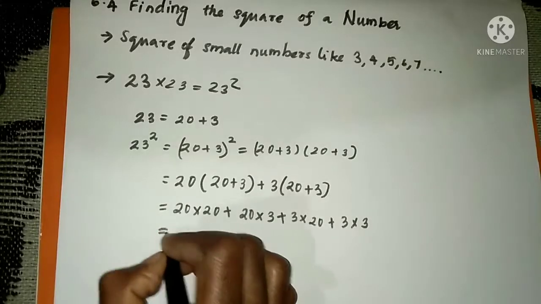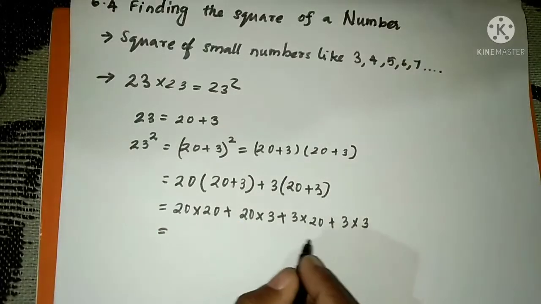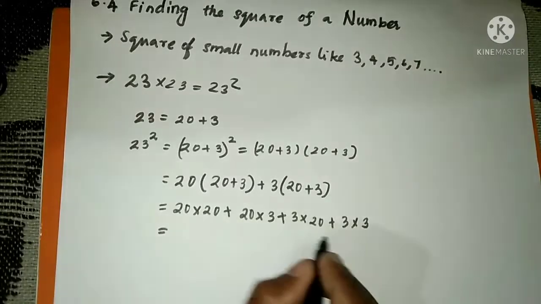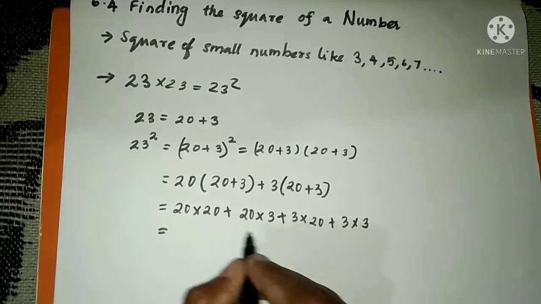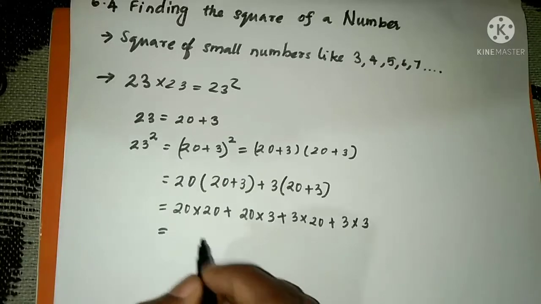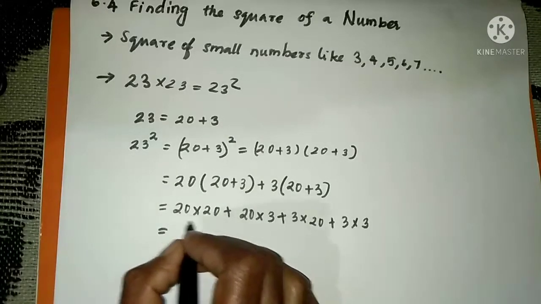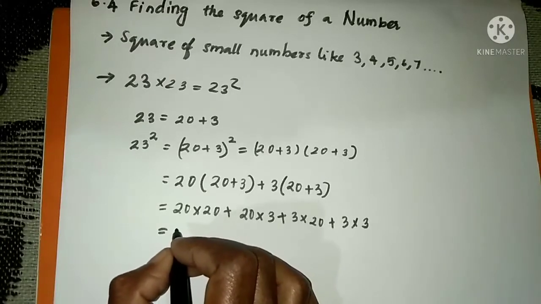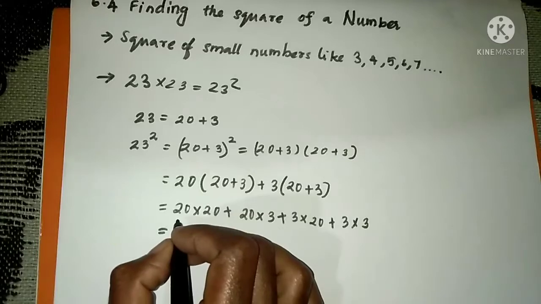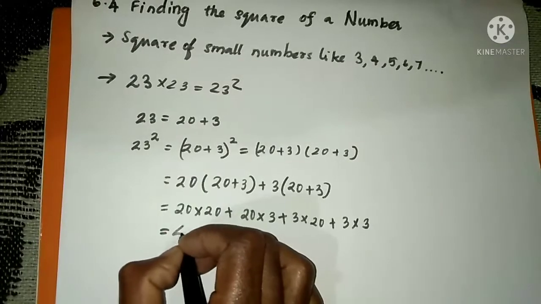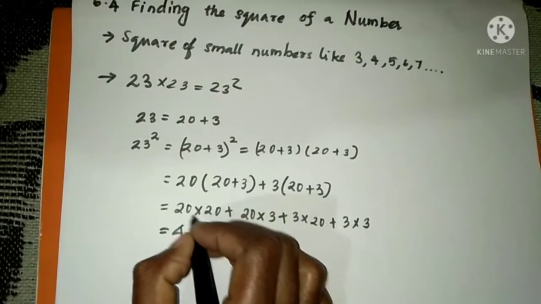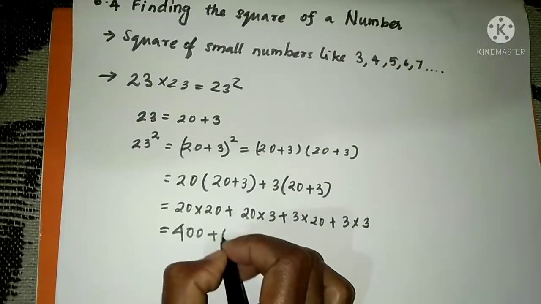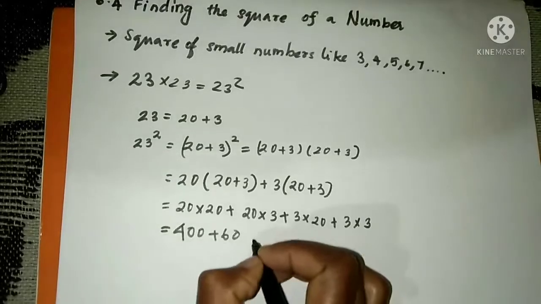So when we multiply these numbers, we get the answer. It is easy to multiply these numbers because they have zeros and the non-zero numbers are one-digit numbers. So 2 into 2 is 4, then we can add 2 zeros, very easy to do. 2 threes are 6, so we can add one 0 with that.